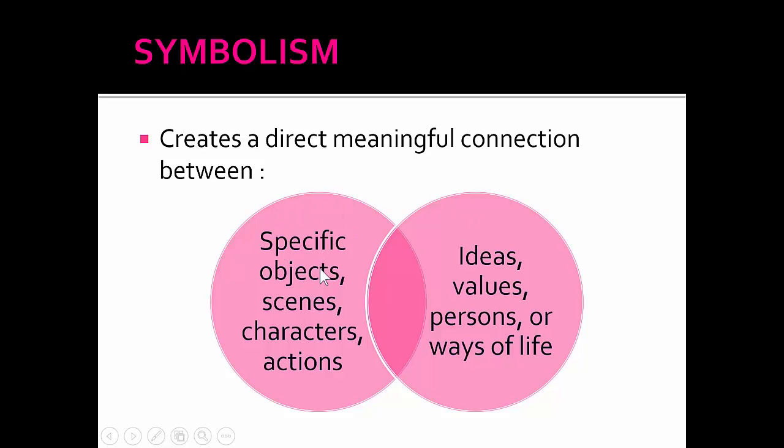It is a representative of something else. It stands for what? And usually items or scenes or characters or actions are often stand-ins or representatives of ideas or values, sometimes of other persons or ways of life.